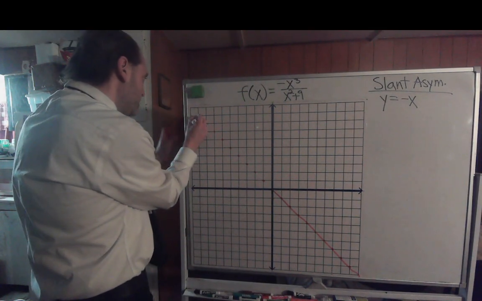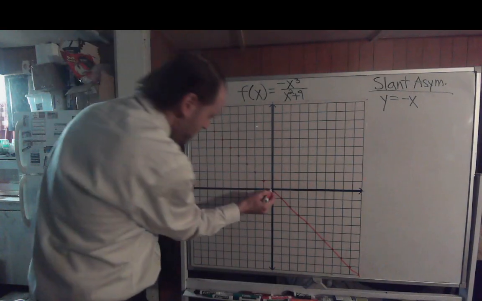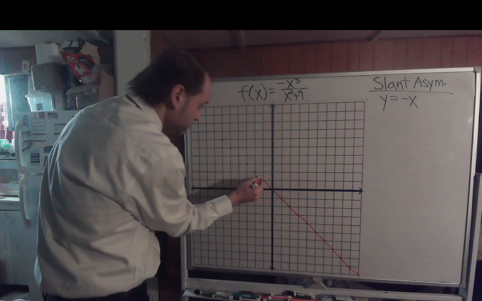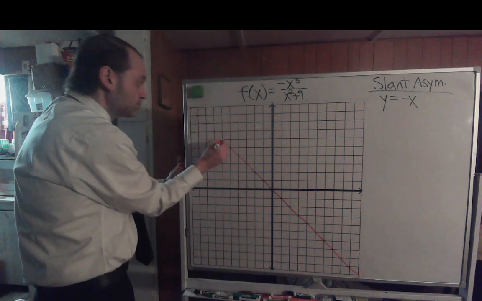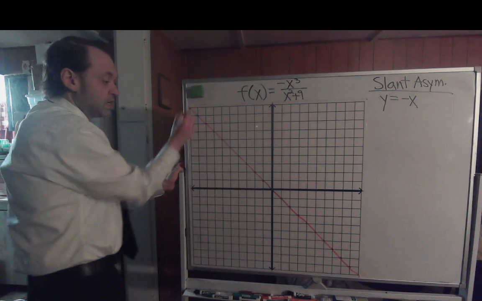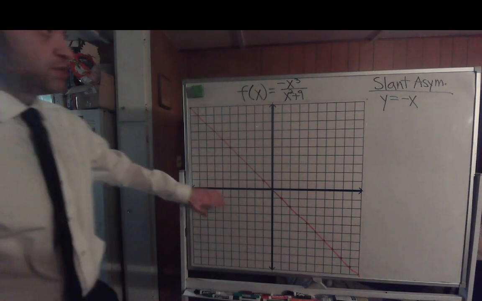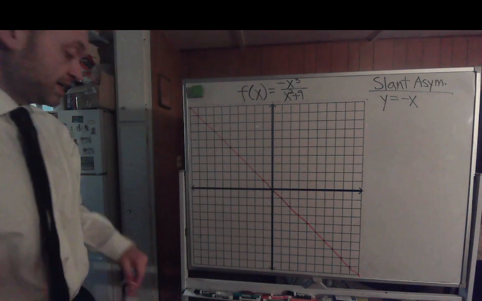Negate it. There we go. So there's my slant asymptote of y equals negative x.